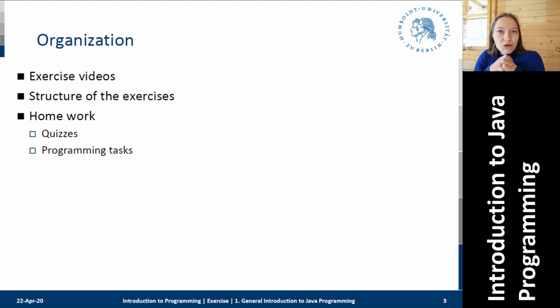The solutions to the homeworks will also be uploaded to Moodle so that you can check yourself. The goal of the homework is to provide you with better programming skills. So this is something you can do to learn Java properly.